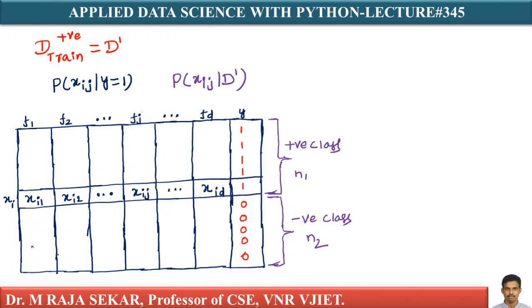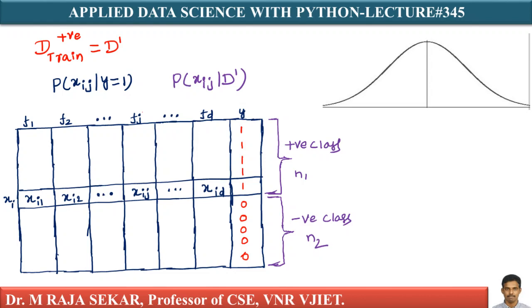If I plot the probability density function of my positive label data, let's assume I get this curve.